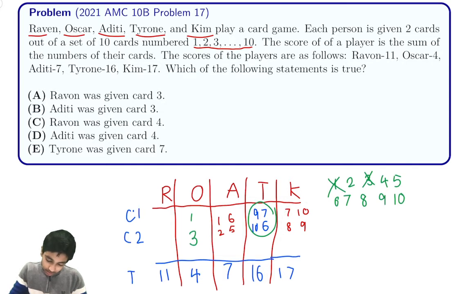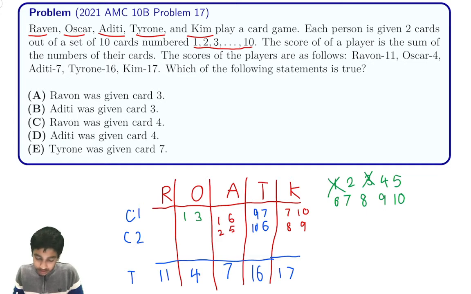So amongst Tyrone and Kim, we have to choose 1 pair of numbers for each of these people. Let's choose 1 pair of numbers from each of Tyrone and Kim, such that there's no numbers that are overlapping. So we see that the only 2 cases that are disjoint are if you take 8, 9, and 10, 6.